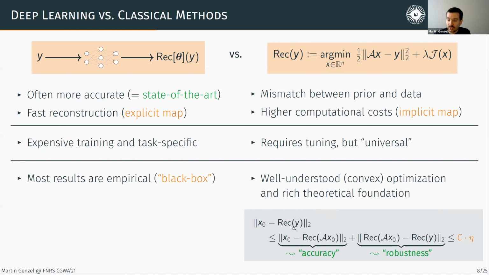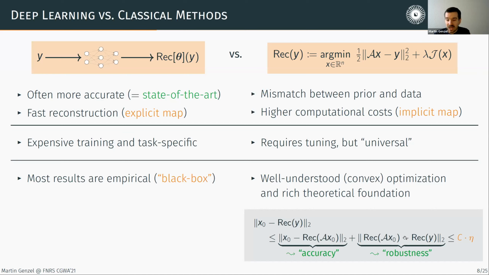And I think it's natural to decompose this term into two different expressions just by the triangle inequality. The first one is associated with accuracy, which basically measures how well your method is working in the idealistic situation of noise-free data. So how good does it become if the measurement is perfect?